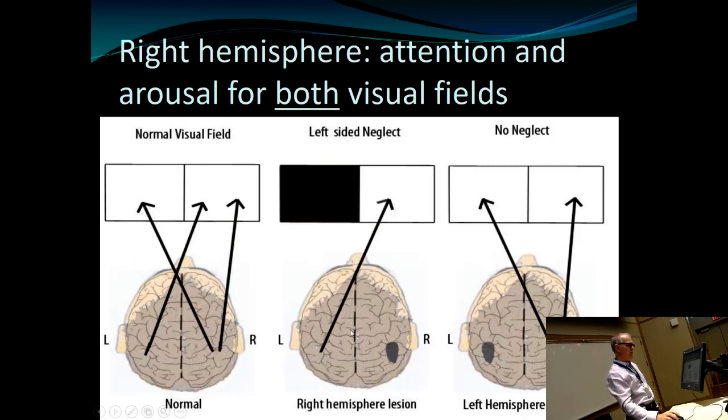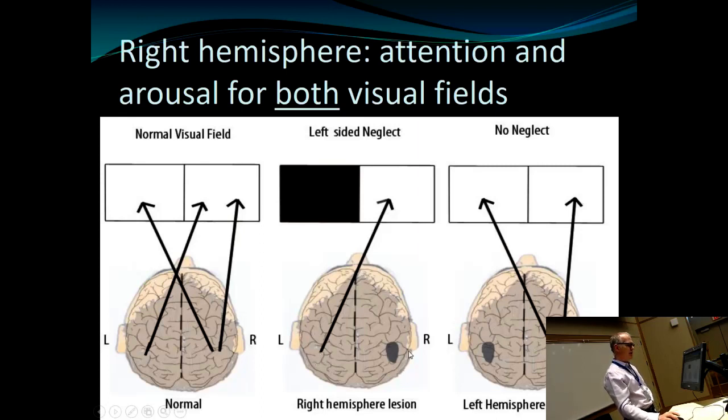So if we have a left hemisphere lesion, let's start with that. Here's the lesion right here. Now the right hemisphere is still able to maintain attention and arousal for both fields of space. So there's no hemispatial neglect with a left hemisphere lesion. But now if we have a right hemisphere lesion, you now only have the left hemisphere maintaining attention and arousal for the right side of space.